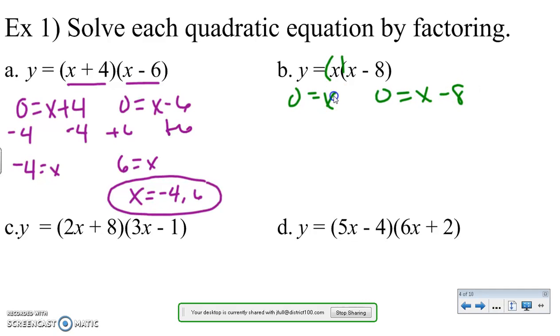If 0 equals x, we can't actually do anything to solve that. That's our answer, so we don't have to do anything else there. We're going to add 8 to both sides so that we get 8 equals x. Okay, so my two answers then are x equals 0 and 8.